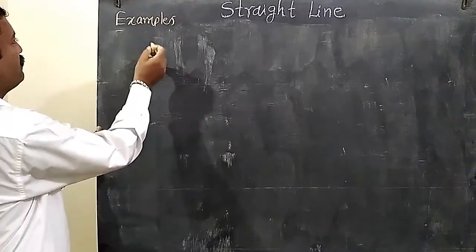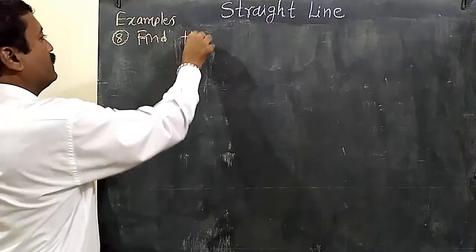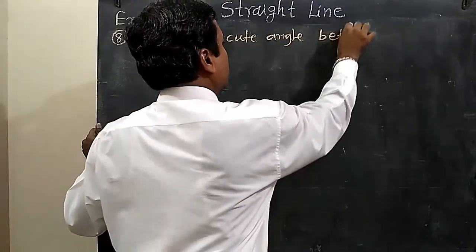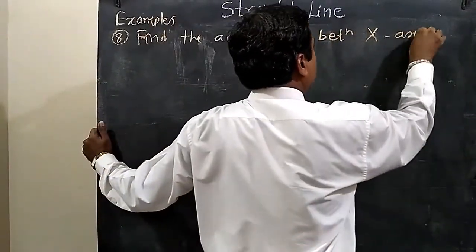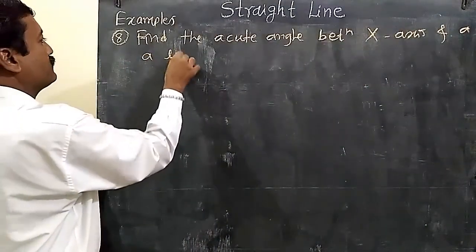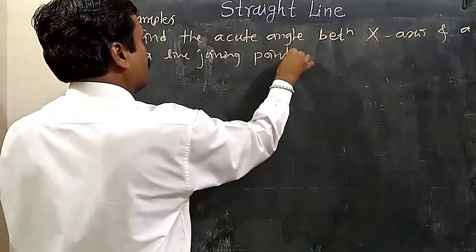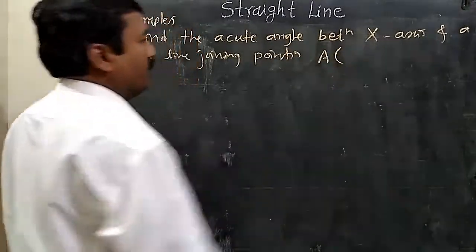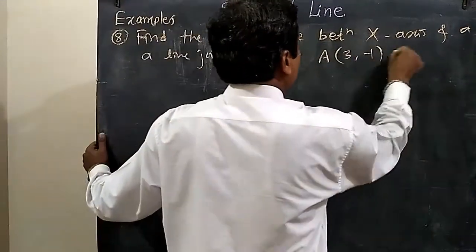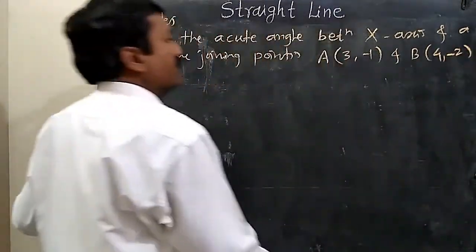Next one, example number 8. Find the acute angle between the x-axis and a line joining points A, that is (3, -1), and B, that is (4, -2).